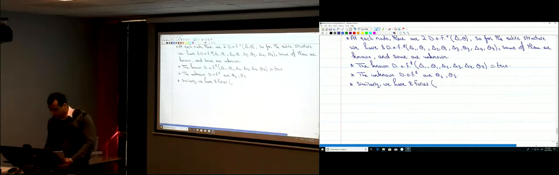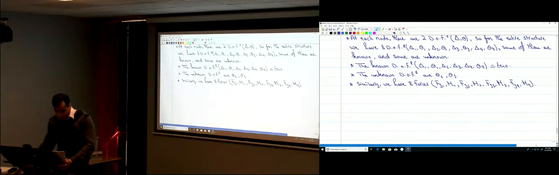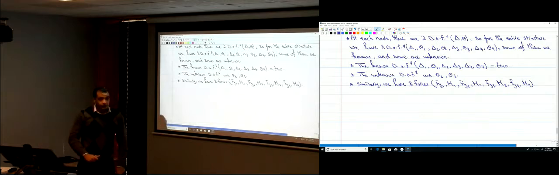What are those? A vertical force at node 1, a moment at node 1, a vertical force at node 2, a moment at node 2, a vertical force at node 3, a moment at node 3, a vertical force at node 4, and the moment at node 4. So 8 forces.